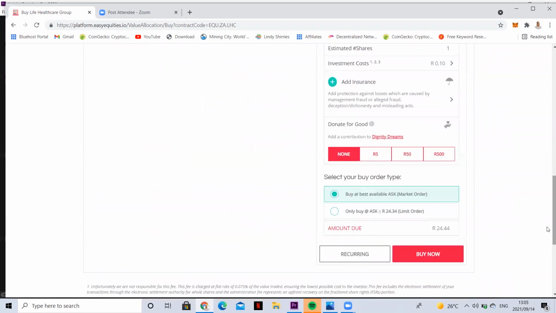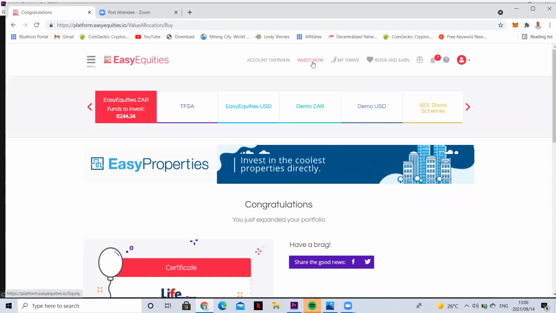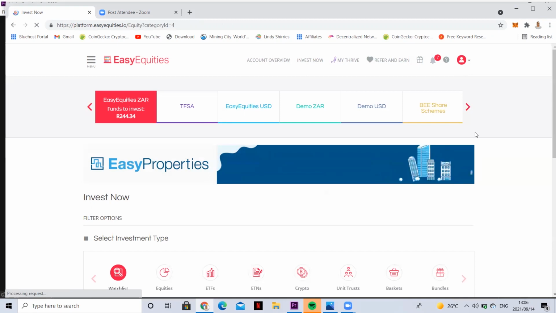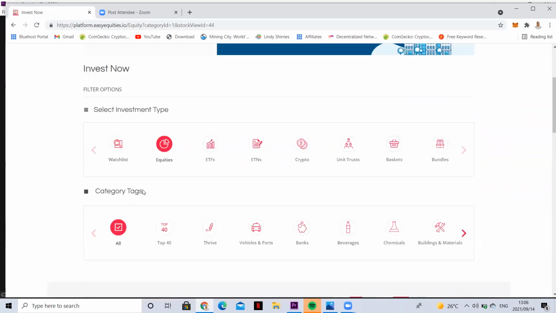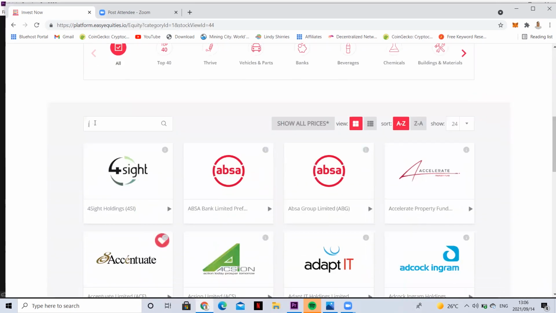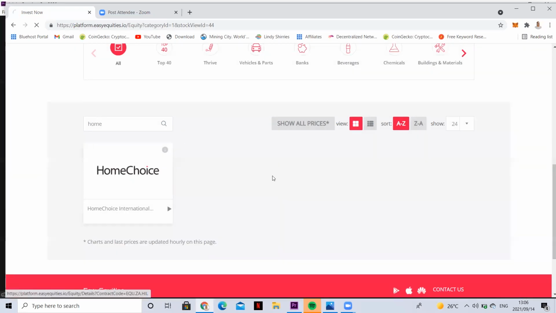And I always look at the future and think, if I leave these shares for my kids, one day they will benefit. Another one that most people like and are buying stuff from is Home Choice. So that's why I selected Home Choice as one of the shares that I want to buy, because I see a lot of women buying duvets and different things from this company.